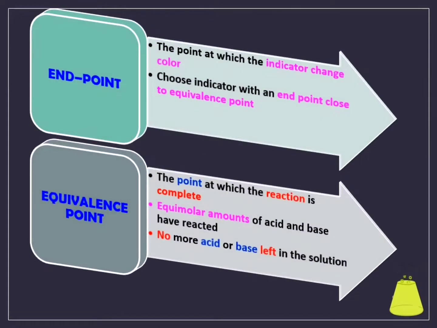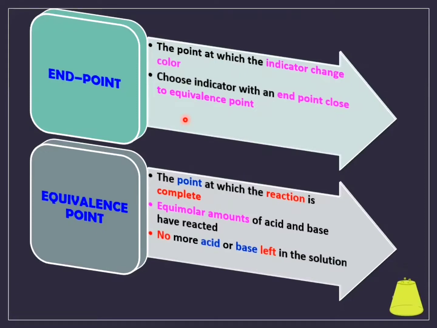Next we look at the difference between endpoint and equivalent point. So what is the endpoint? Endpoint is the point at which the indicator changes color. For example, masa you buat dalam lab, you guna phenolphthalein.